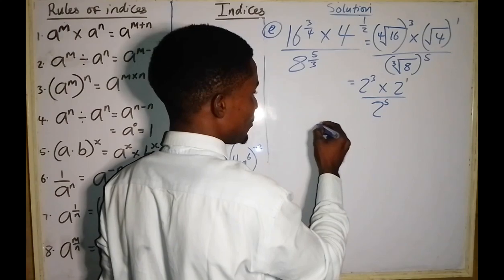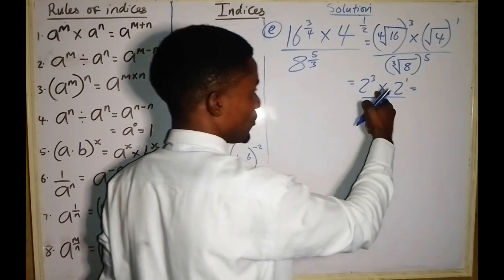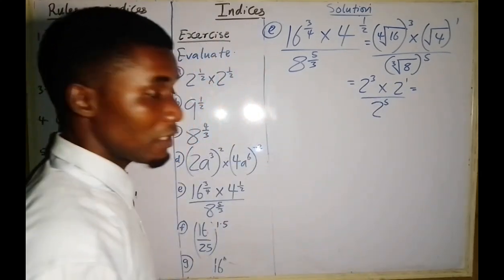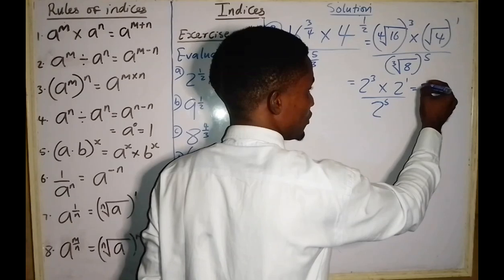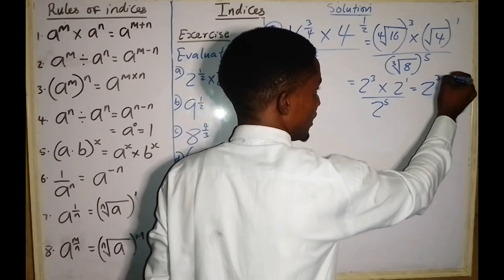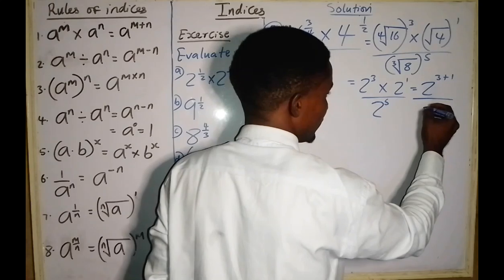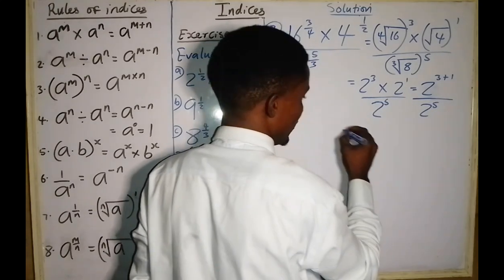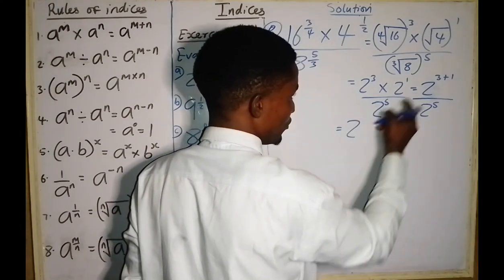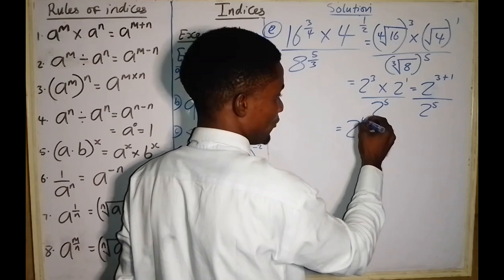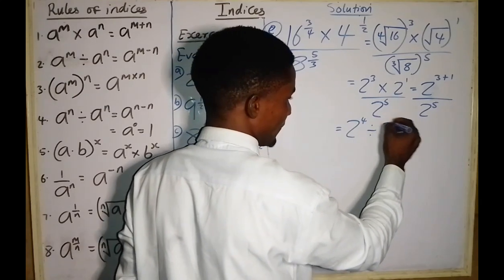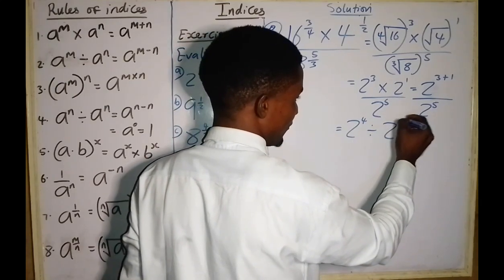Now, in this case, we can re-express this. Let's solve this first one, which is the multiplication law. Applying the multiplication law, we're going to be having 2 raised to the power of 3 plus 1, since the bases are the same, over 2 raised to the power of 5. So 2 raised to the power of 3 plus 1 is going to be 2 to the power of 4 divided by 2 raised to the power of 5.